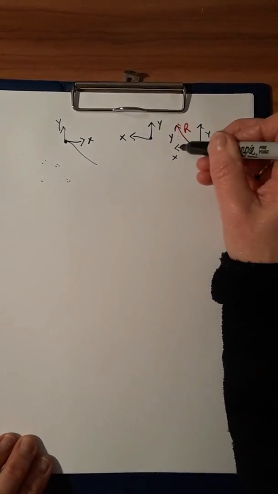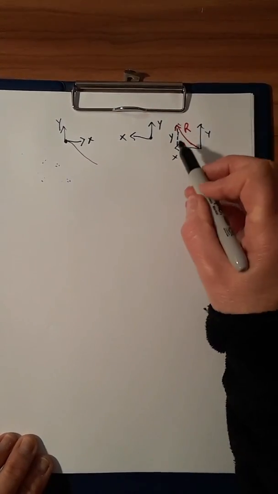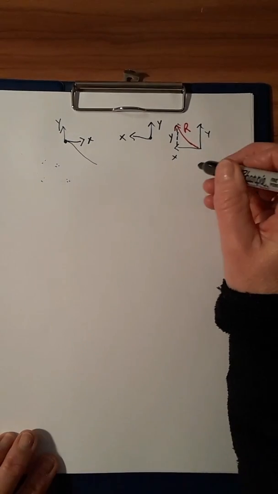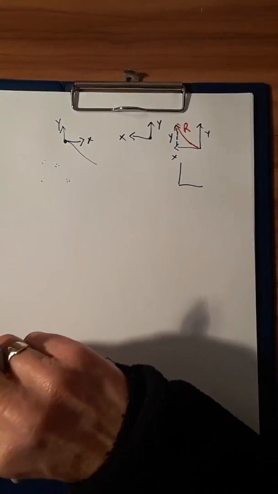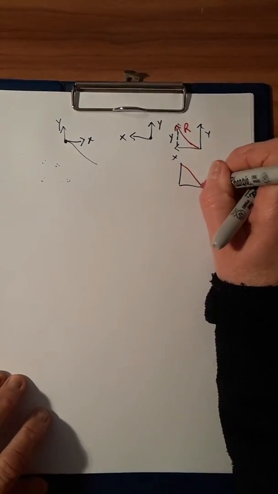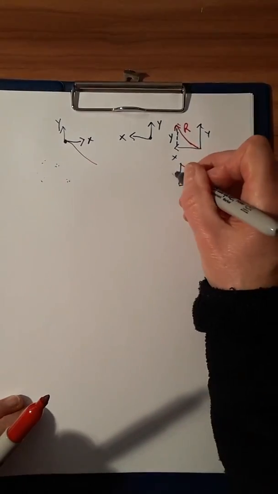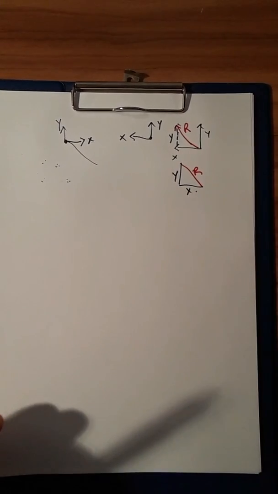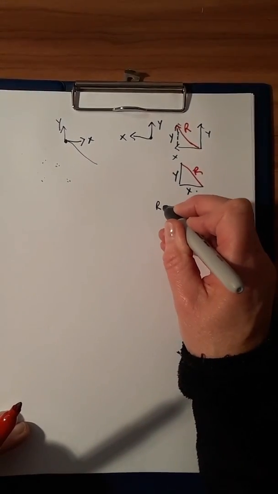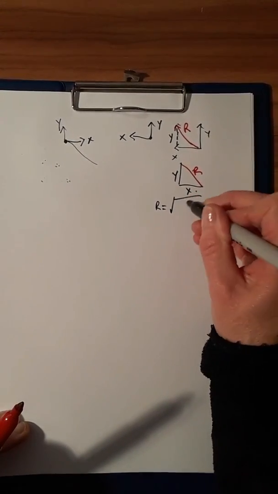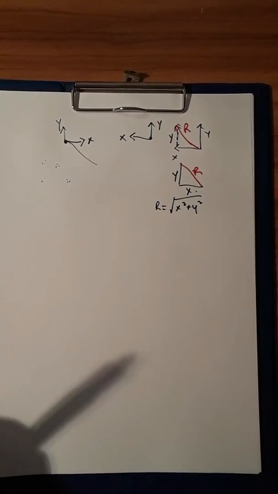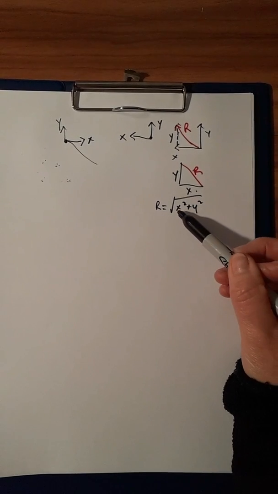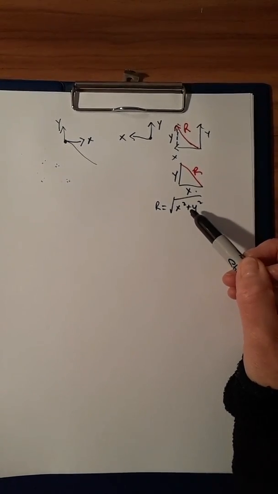So that's my Y. That's the X. So this is the triangle I have: Y, X, resultant. And of course I solve that by Pythagoras. So the resultant is going to be the square root of X squared plus Y squared. So my job now is to find X and Y and fill it into this equation.